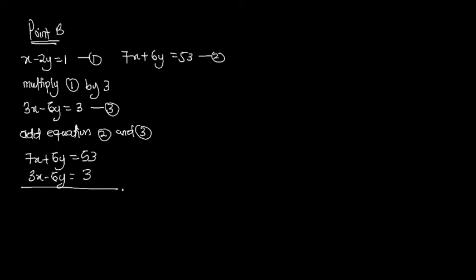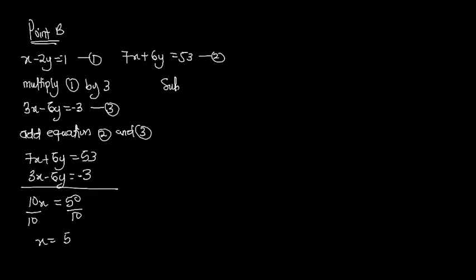Now 7x plus 3x will give me 10x. 6y minus 6y will give me 0, so that is gone. 53 plus 3, sorry, this is minus 1. This is supposed to be minus 1 over here. So this is minus 3 here. So 53 minus 3 will give me 50. So I divide both sides by 10. Then my x will give me a value of 5.